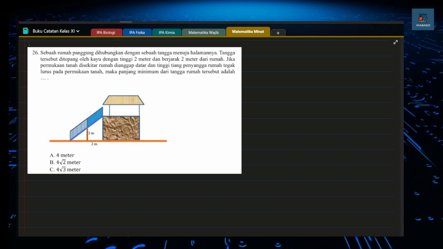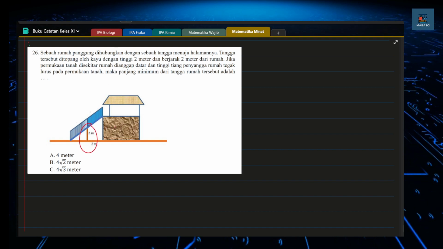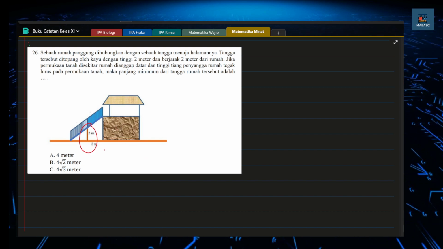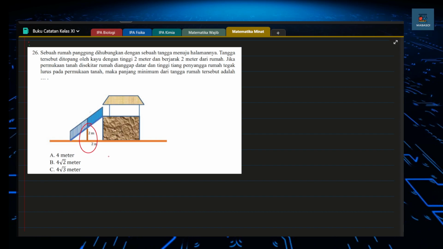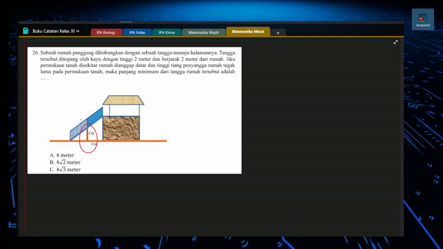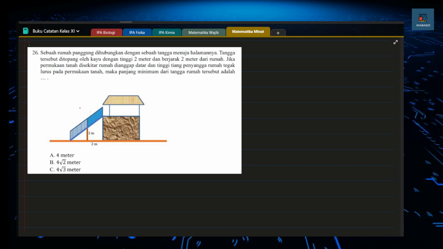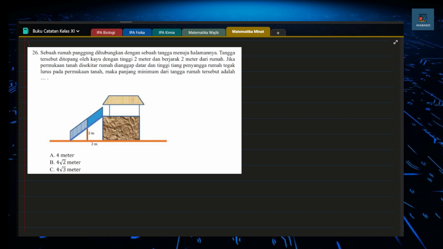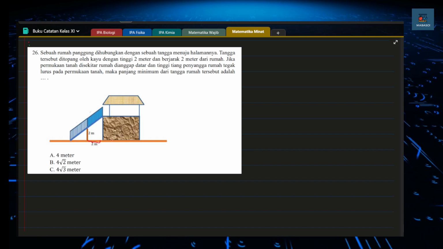This is the column, the structure to hold the stairs. The length is 2 meters, and this distance is also 2 meters.